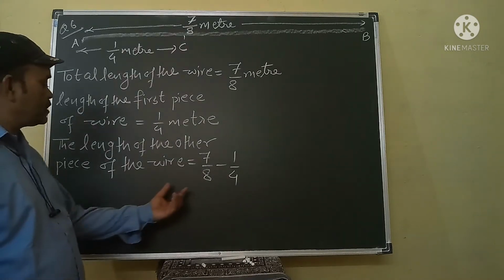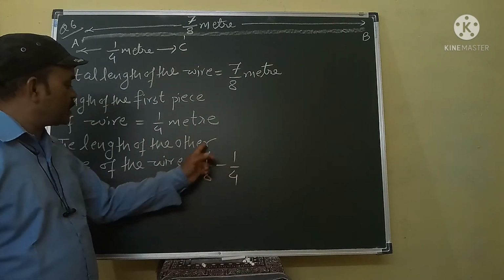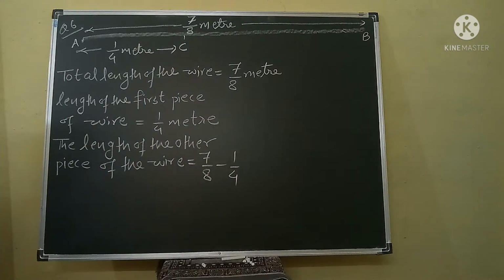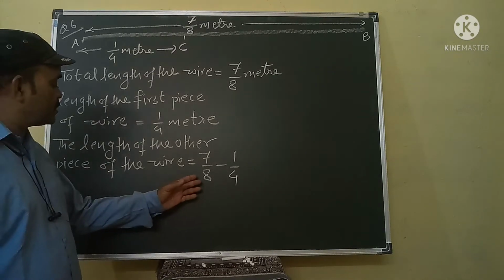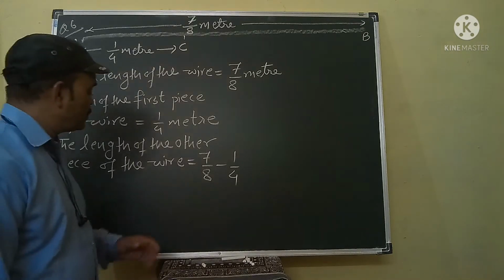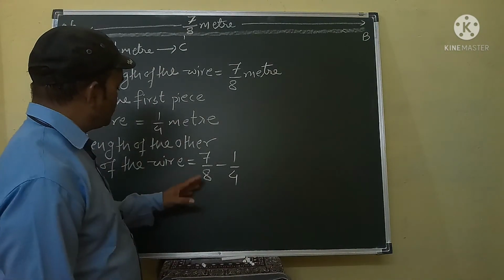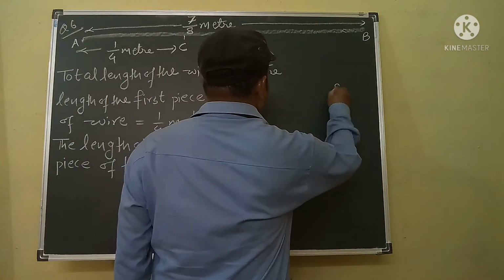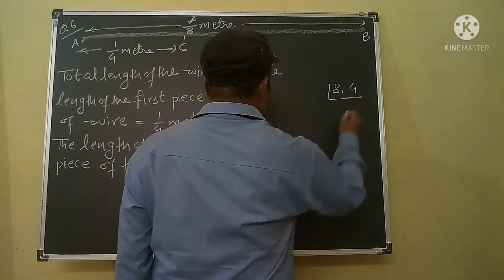As you are looking, these two fractions are unlike fractions. And in this question, what will we do? Unlike fractions, we will convert to like fractions. How? With the help of LCM. First we will take out the LCM of 8 and 4.